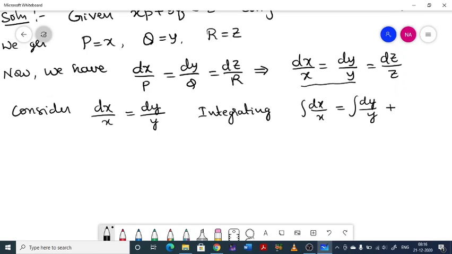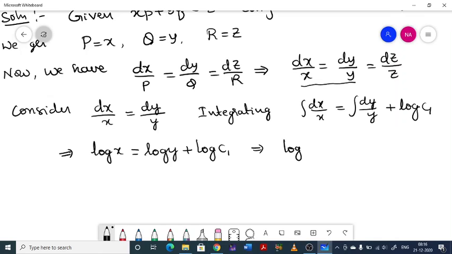Since log comes on both sides, I'll write that constant as log c1. So from this we get log x equal to log y plus log c1, that implies log x equal to log of y c1, since log a plus log b equals log ab.